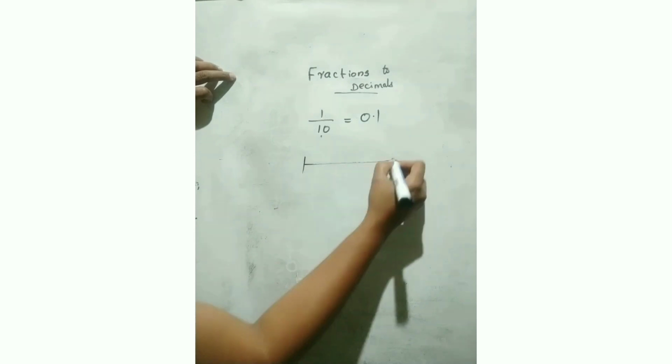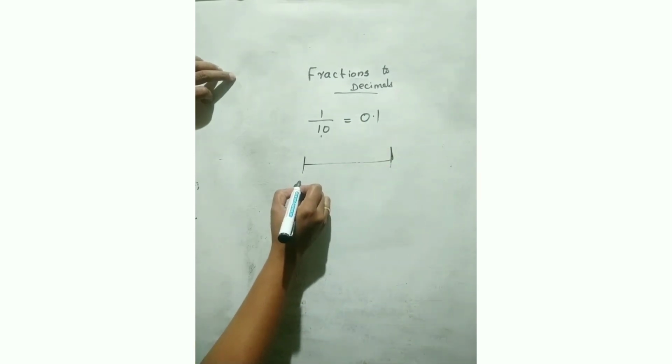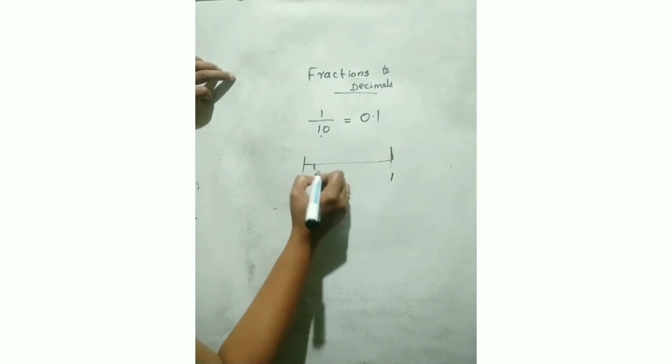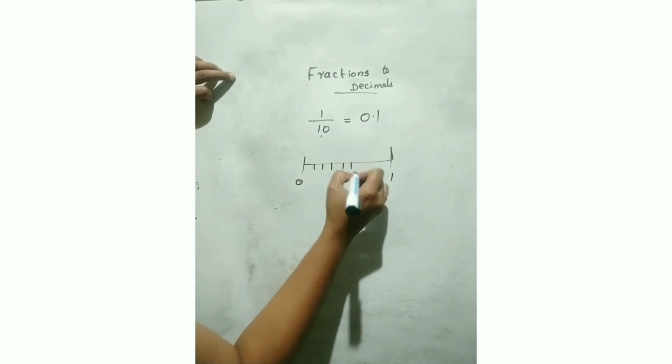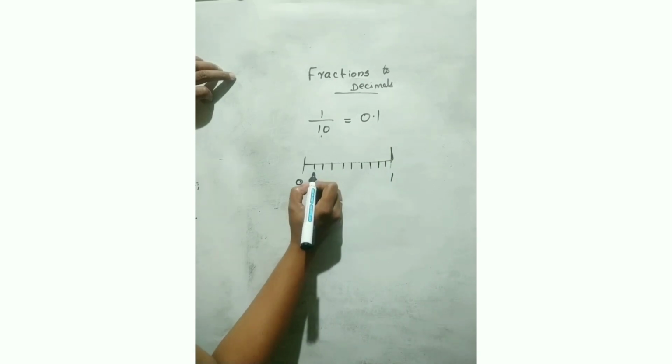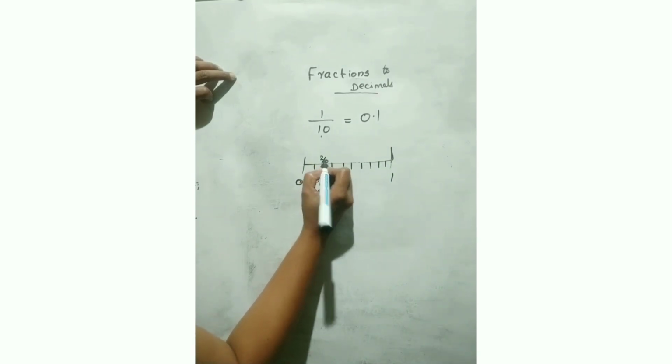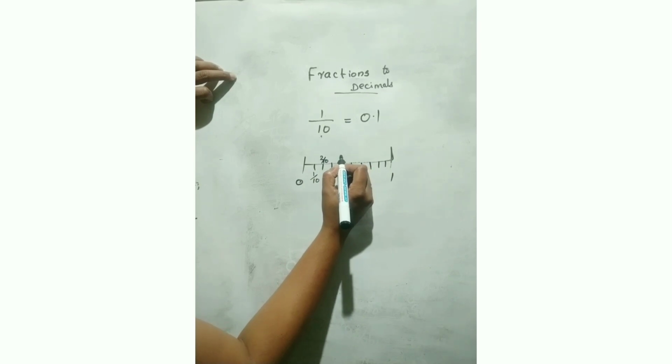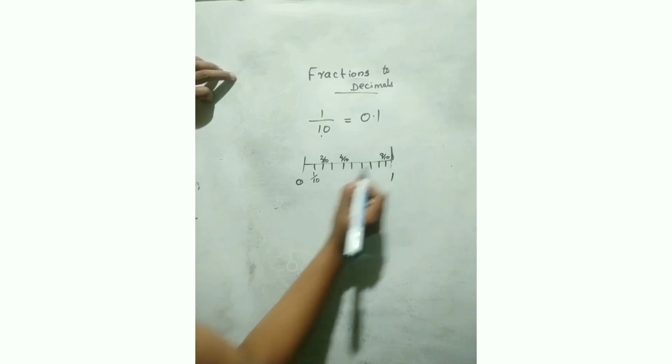We have studied this type of numbers, that is 0, 1, then 1, 2, 3, 4, 5, 6, 7, 8, 9 and 10. Okay, here this is 1 on 10 and this we can write 2 on 10. This may be 4 on 10. This we can write as 9 on 10.